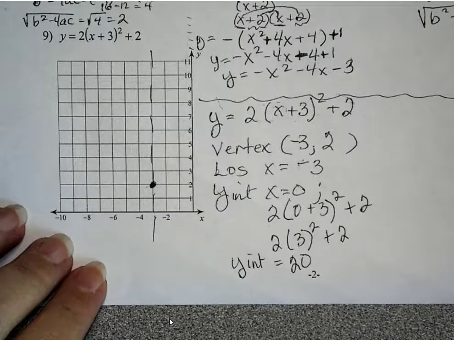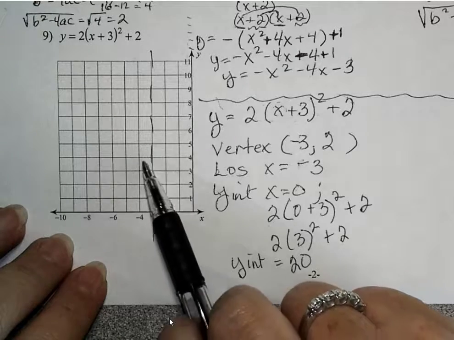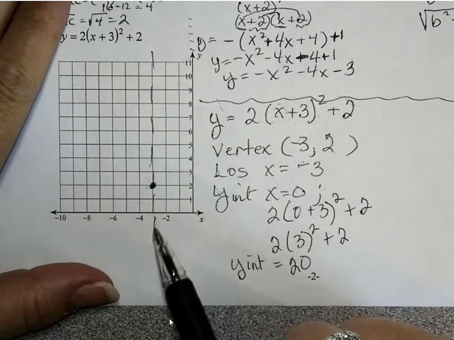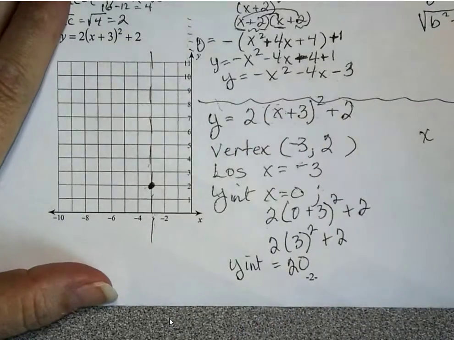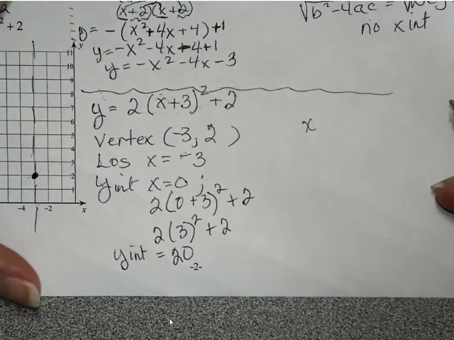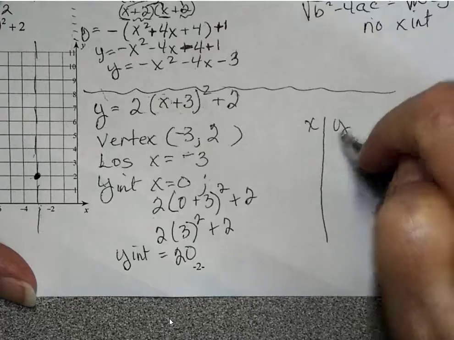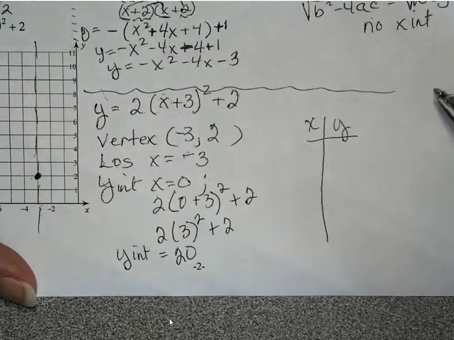What I can do instead is look for more points that I can plot that are close to the line of symmetry. So the line of symmetry is at negative 3. What I'm saying, let me scoot my paper over, is come up with some values for x, use them as inputs, and you will be able to figure out y.